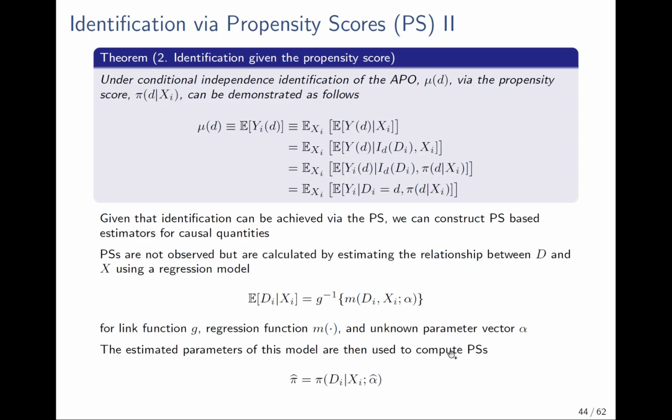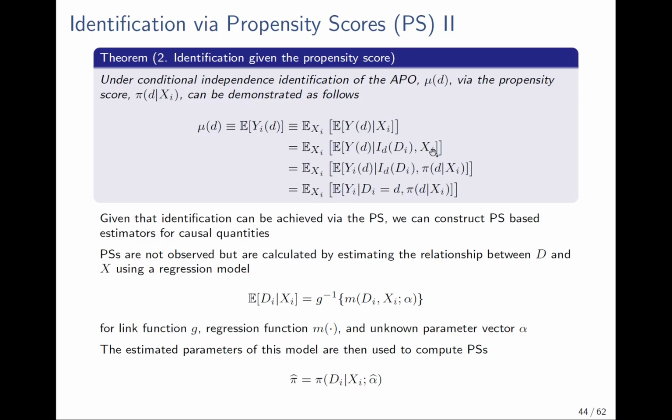Under conditional independence, identification of the average potential outcome, μd, via the propensity score can be demonstrated as follows. So here we have our estimand. We condition on x and we take expectation over x, so that's iterated expectations, just what we've seen before. Due to the conditional independence assumption, we can condition on x.